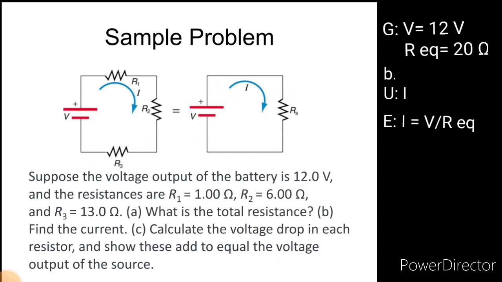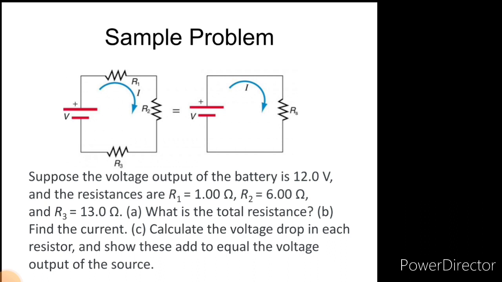So I, or current, is equal to V divided by R. So that would be 12 volts divided by 20 ohms. Okay, so that would give us a current of 0.60 amperes. Okay, so that's letter B.